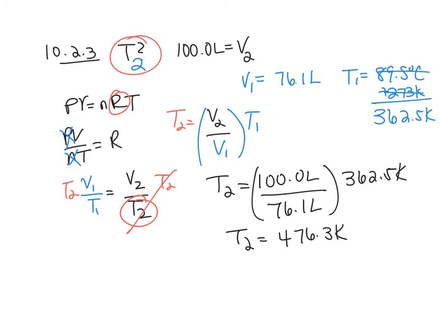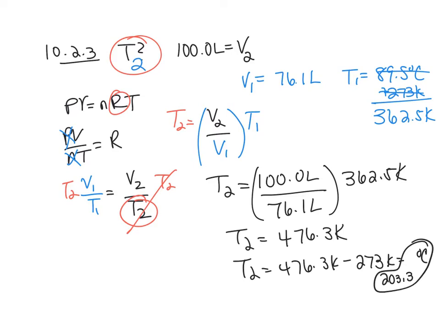But if you look at the answers, you see they're all degrees Celsius. So now you have to say T2 is 476.3 Kelvin minus 273 Kelvin to give you degrees Celsius. And I get 203.3 degrees Celsius. And that is answer C.